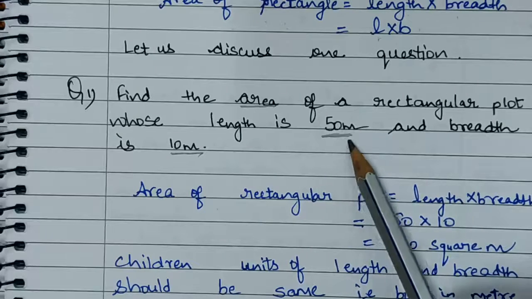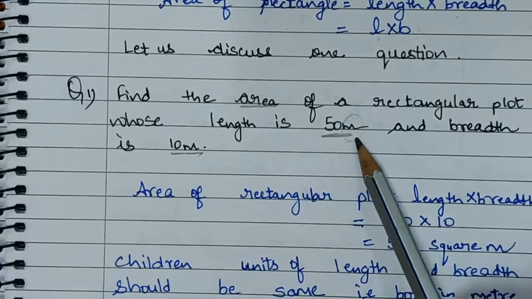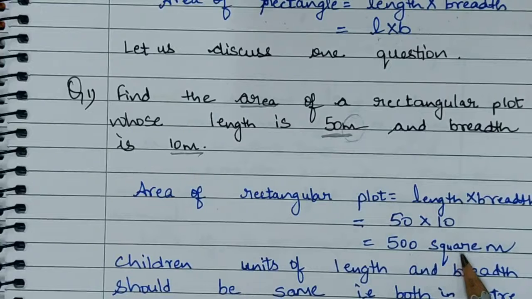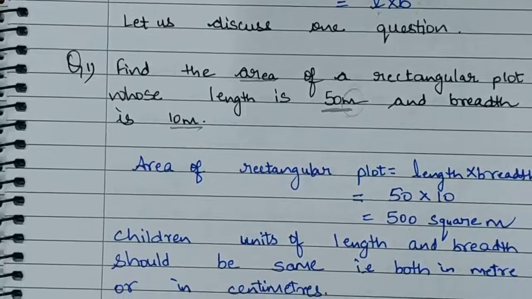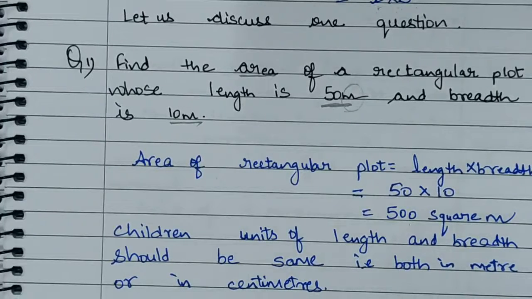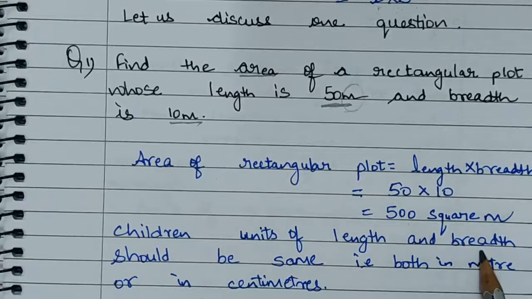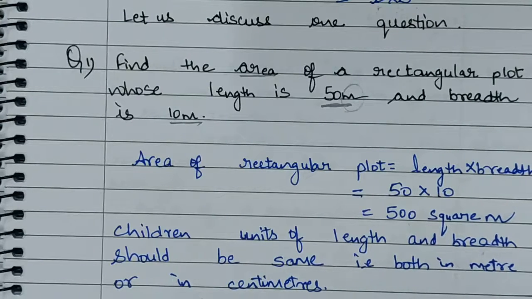The units are in meters, so that's why we will write square meter. One thing, children, keep in mind that the length and breadth units should be the same. Either both should be in meters or both should be in centimeters.